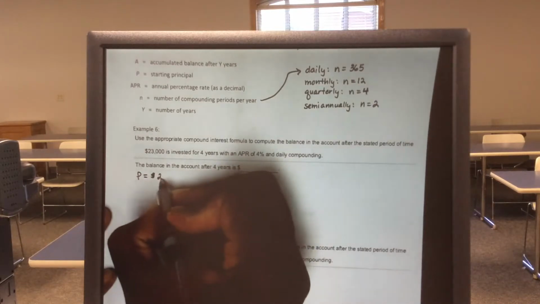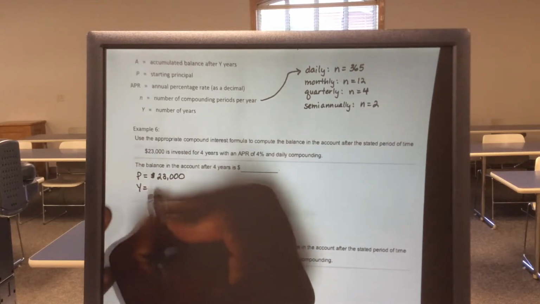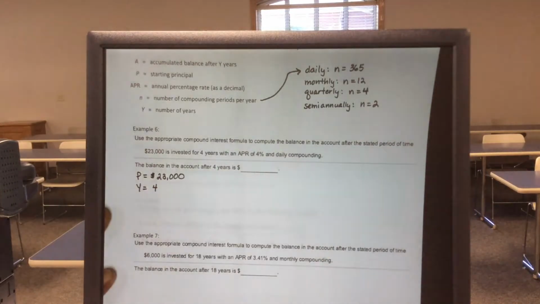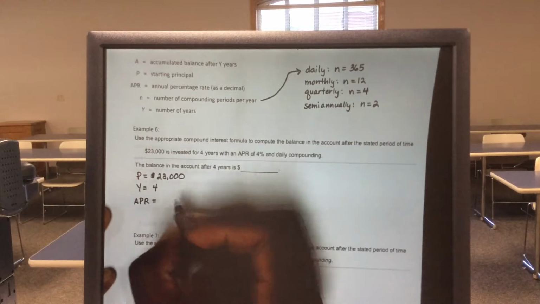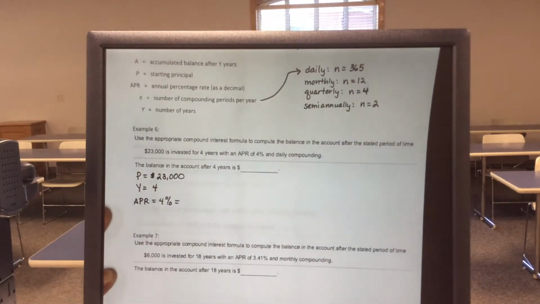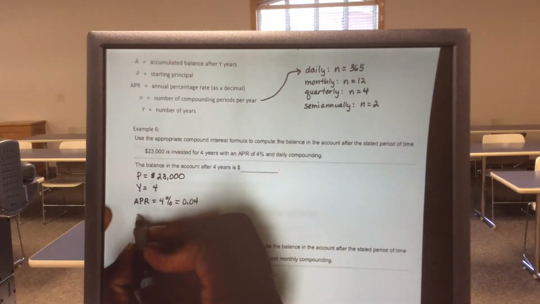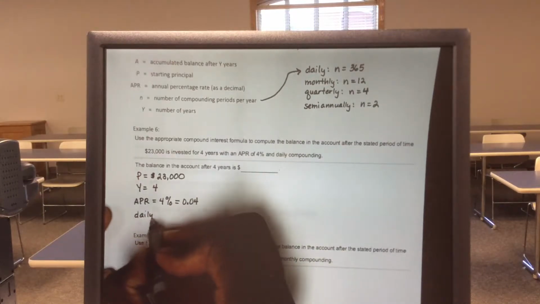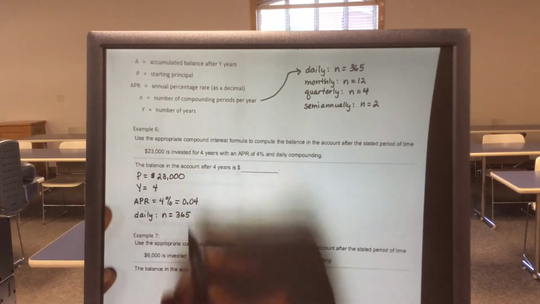So your P here is 23,000. Your Y is going to be 4. Your annual percentage rate is given as 4%. But of course, 4% as a decimal, we take 4, divide that by 100, and you're going to get 0.04. And it's compounded daily. That means we're going to let N be 365.